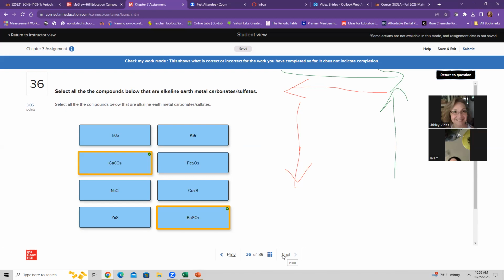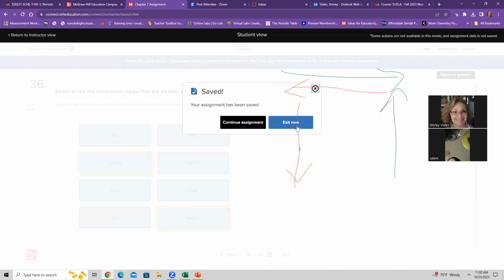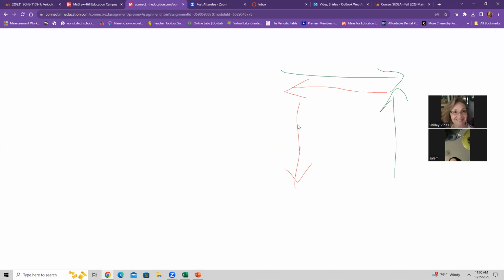All right, so they did not give you a single problem with what we wanted, except for the other thing. So I'm just going to save and exit because it doesn't want to exit now. We're just going to go to the other one. Let me clear all these.